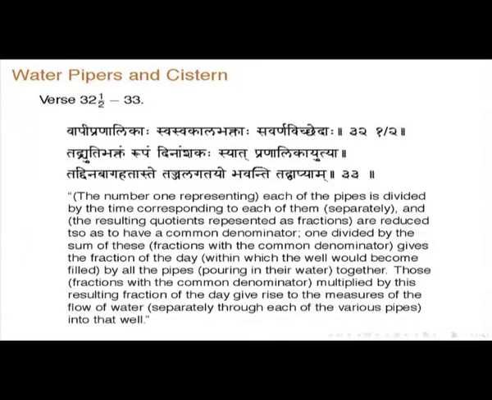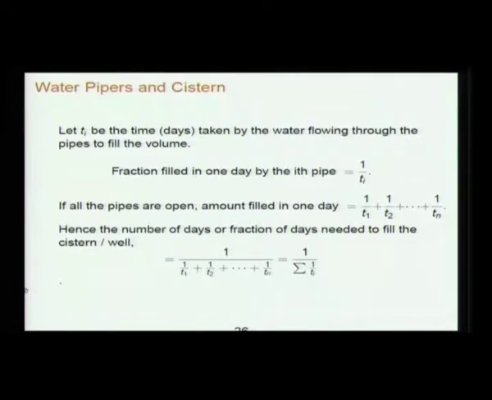So, essentially, let there be various pipes. Let Ti be the time, in units of days, or it can be a fraction also, taken by the water flowing through the ith pipe to fill the volume. Okay, let Ti be this. So, the fraction filled in 1 day by the ith pipe: to fill the whole volume it takes time Ti.